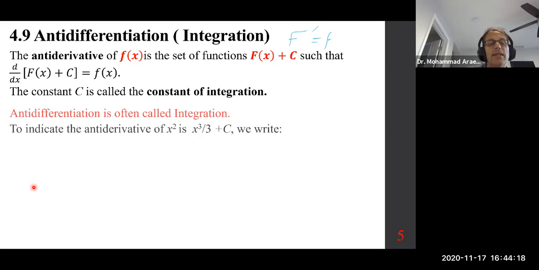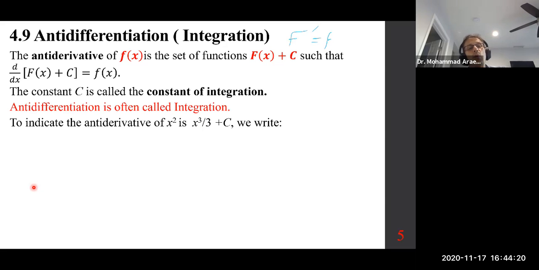So having said that, as an example, when we are dealing with x squared, the antiderivative is 1/3 x cubed, and we have a C which represents a constant. It's a constant of integration.